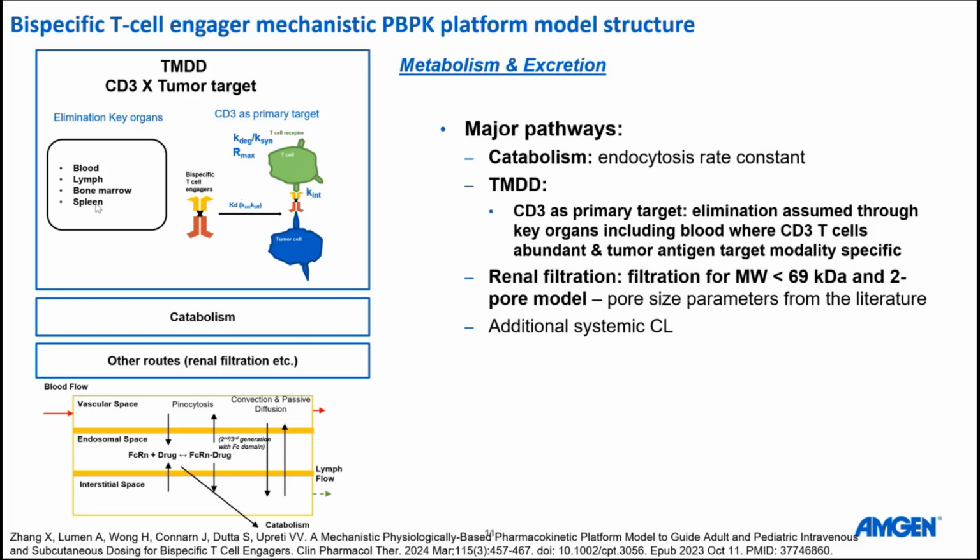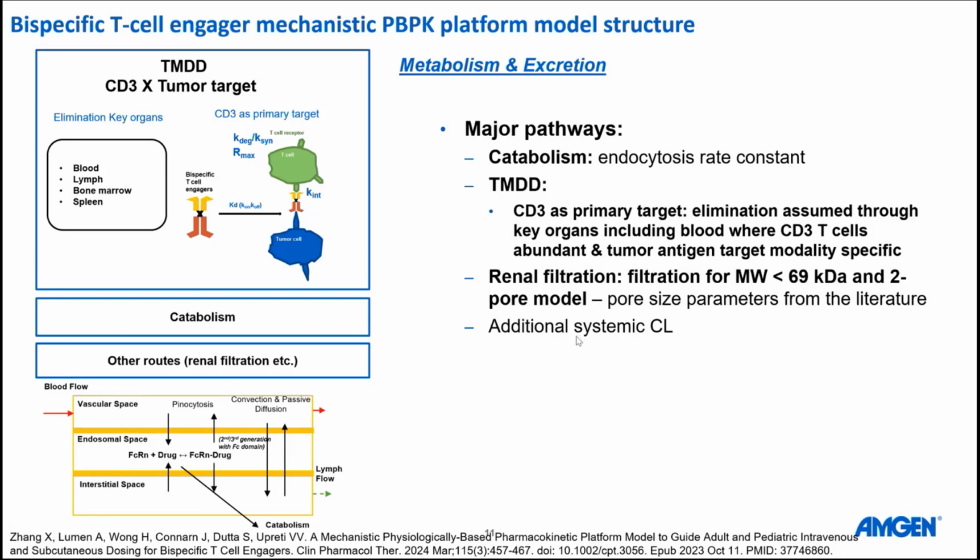There are 4 specific organs we have considered where most of the T cells reside: the blood, lymph, bone marrow, and spleen. And then it is assumed that once the drug is present in these organs, it will go through CD3-mediated TMDD.